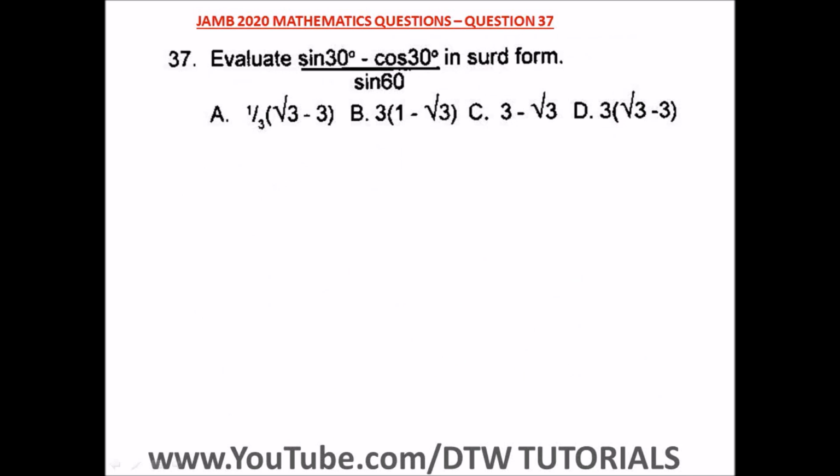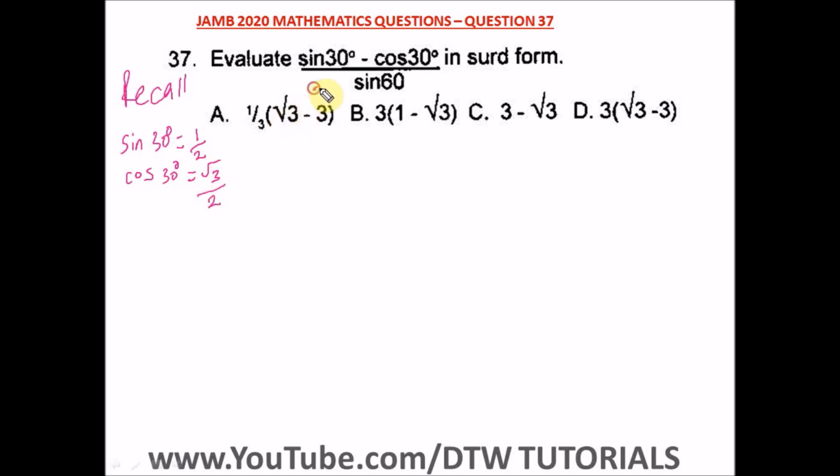Question number 37 of the JAMB 2020 maths question. Now, if you recall, from our trigonometry, we are told that sine 30 degrees is equal to 1 over 2. Cos 30 degrees is equal to root 3 over 2.